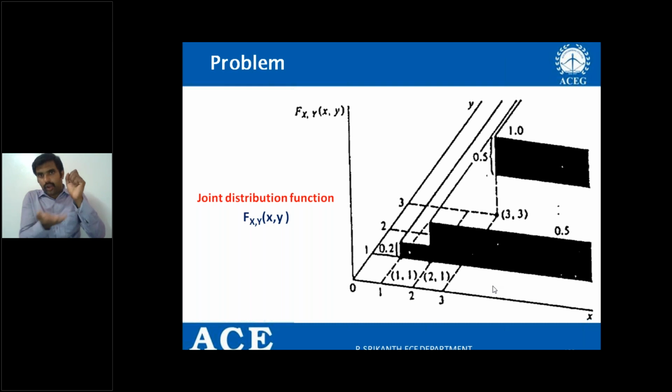So ultimately this plane becomes the xy plane. On the xy plane you can represent the elements like 1 comma 1, 2 comma 1 and 3 comma 3, right?